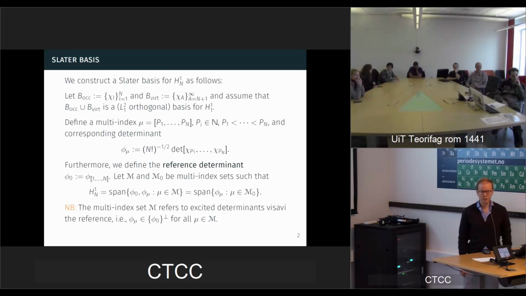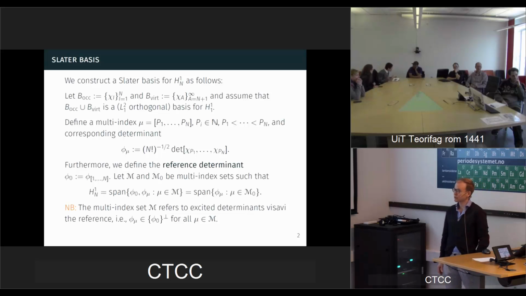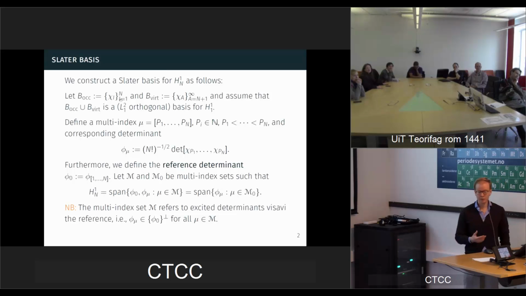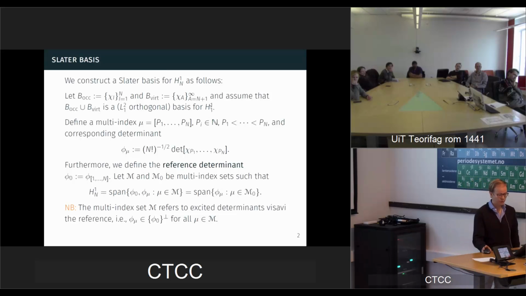So in the analysis that I will be talking about here today, we will make use of a Slater basis, and we construct it in the following usual way. So we look first at a basis for the one electron space. Here we have the Sobolev space, so L2 functions with finite kinetic energy for one electron. And we split it into one part, that's the occupied space.